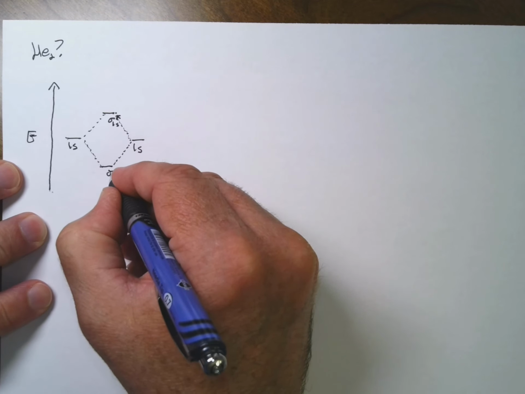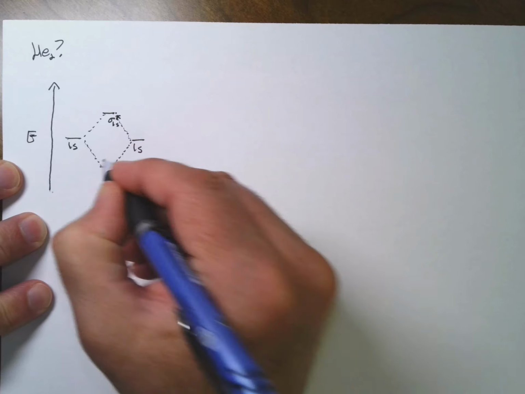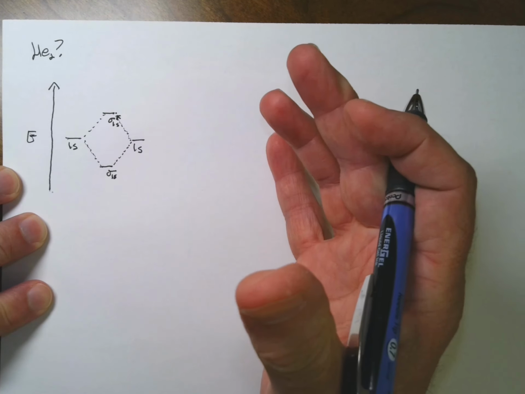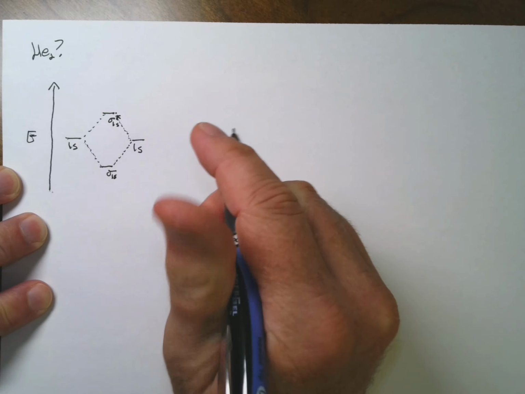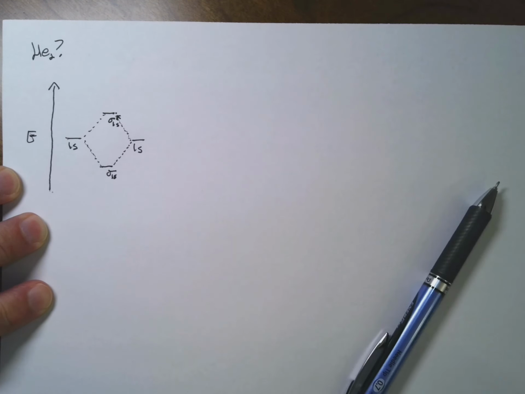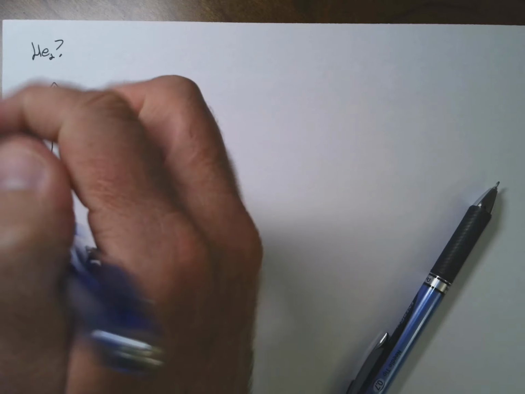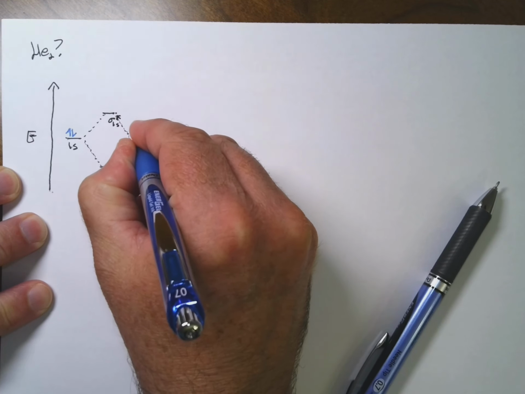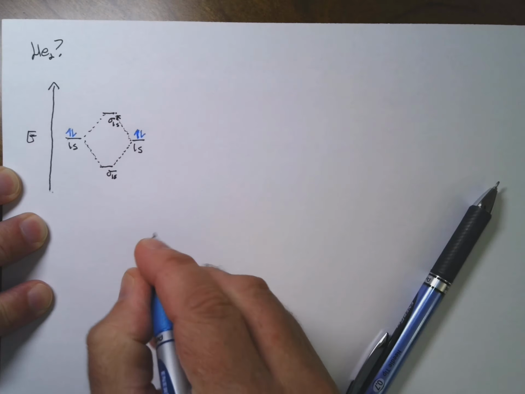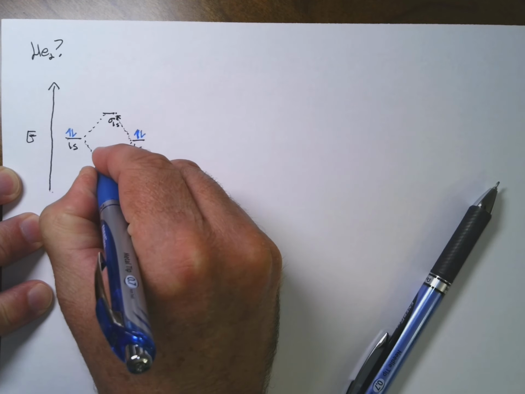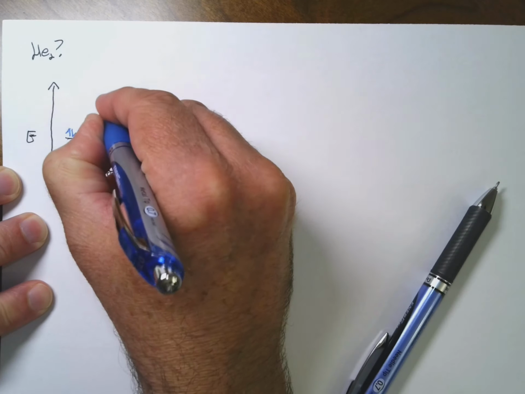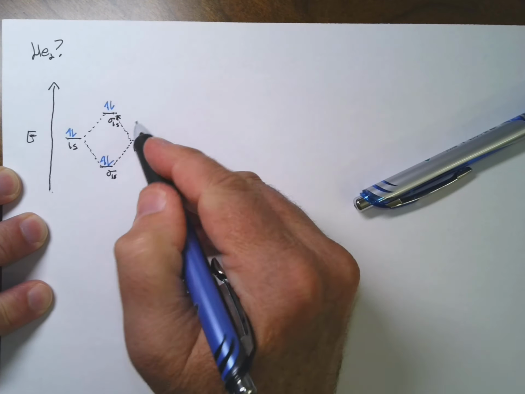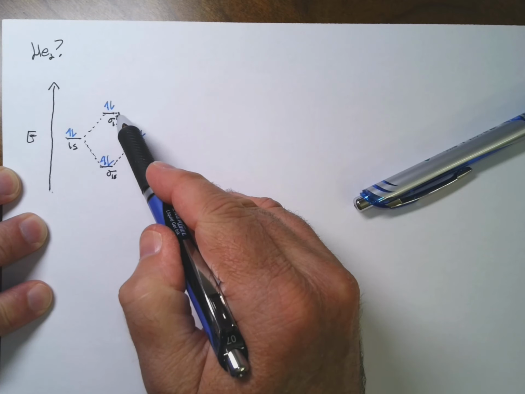So we can see the sigma 1s came from the 1s from each atom. When we have more atomic orbitals that we're combining, it helps to keep track of where things are. Now, of course, helium brings 2 electrons to the party. Well, it tends not to party because it has a full shell of 2 electrons. And if we then try to put 4 electrons in our orbitals, we see that we now have a full antibonding orbital.